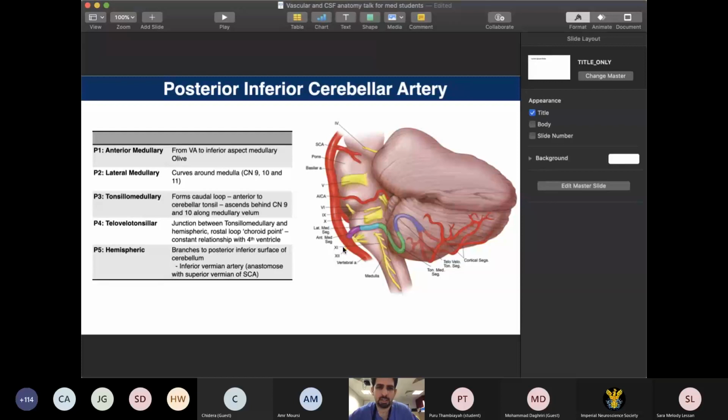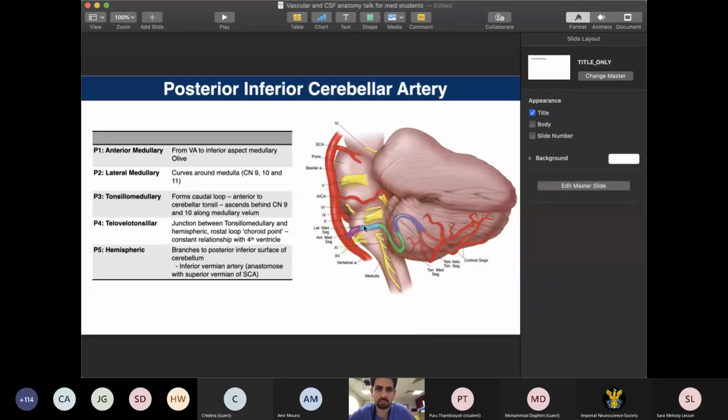Anyway, I'll go quickly back to PICA. Again, 5 segments, and all associated this time, instead of the corpus callosum as with the ACA, it's the medulla. You've got the anterior medullary, the lateral medullary, the tonsillomedullary, so your cerebellar tonsils are down here, and the PICA loops around those, and then it goes a bit more medial, the telovelar tonsillar, and then hemispheric branches.